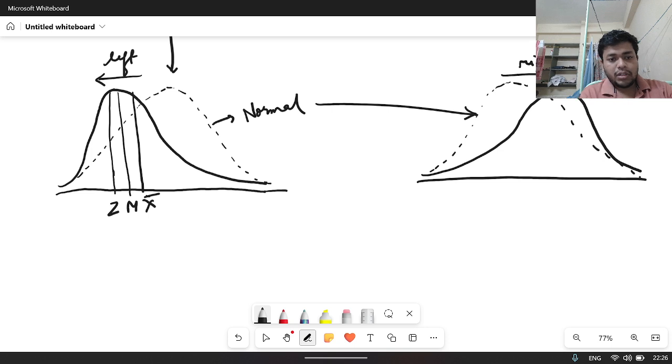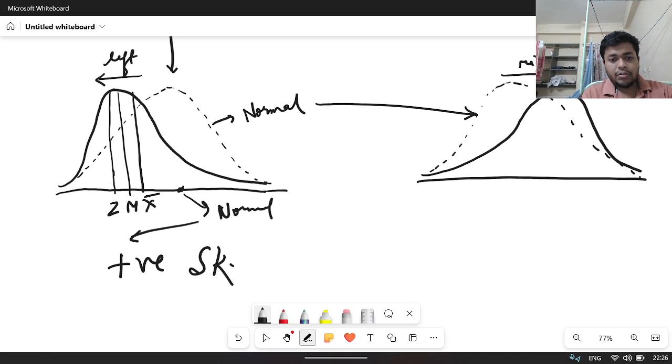When it shifts towards the left, this is called positive skewness.